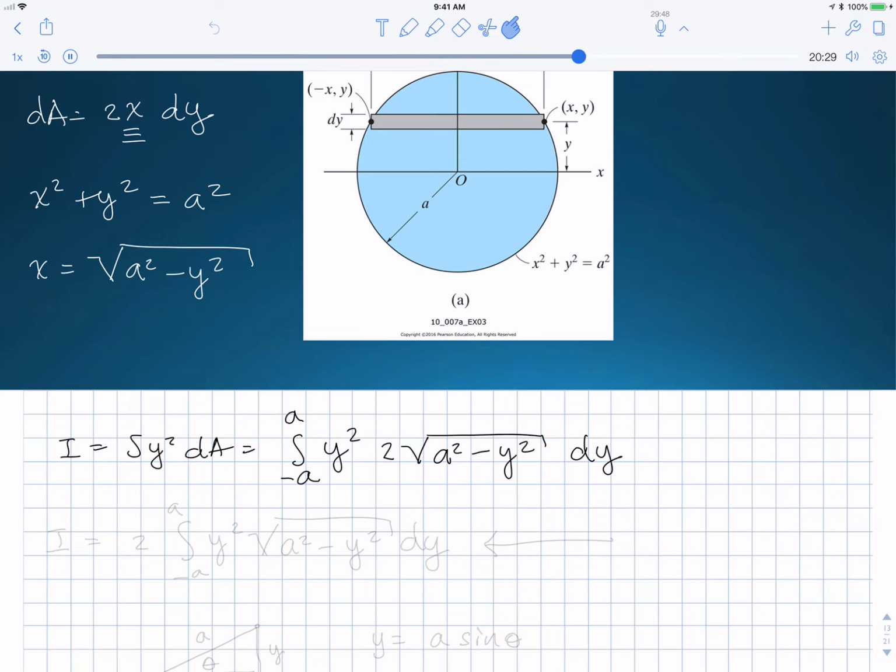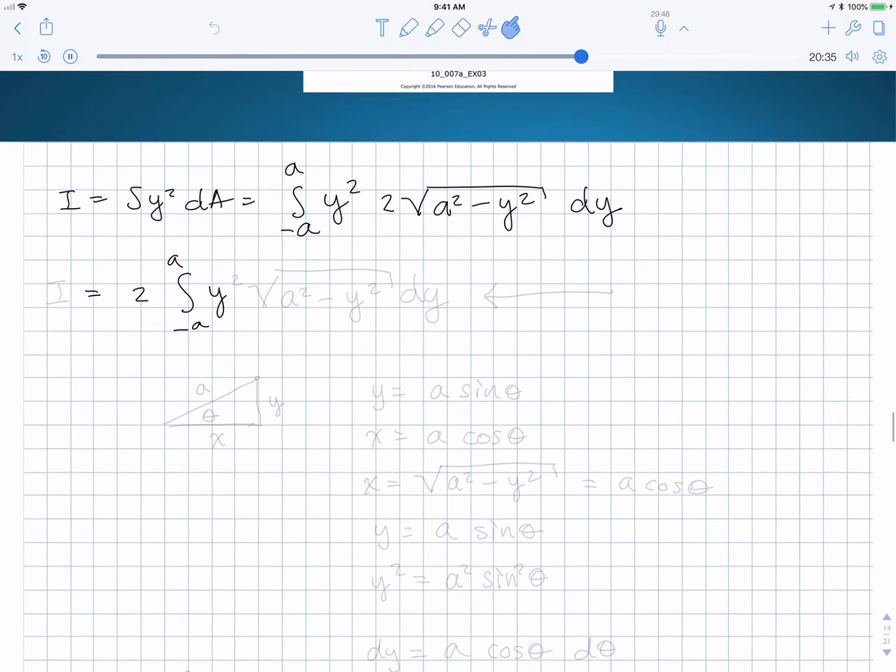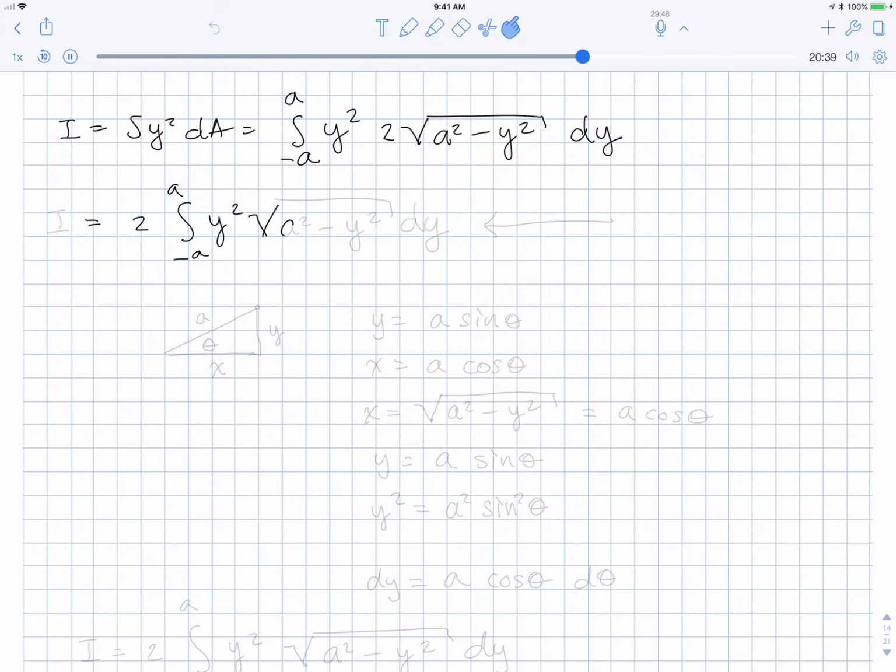And so we have I equals the integral of 2, minus a to a, y squared square root a squared minus y squared dy. Okay, so we're going to have to do this integral.